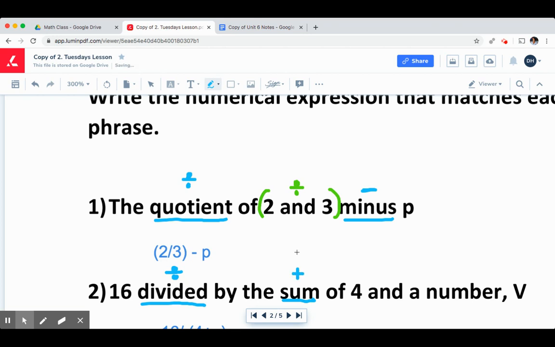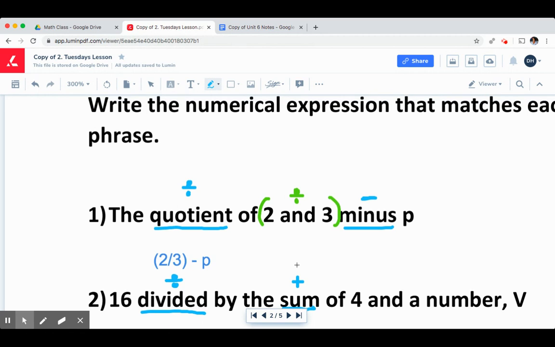So now I want you to think carefully, what is being divided and what is being added? So in our phrase, it says that 16 is being divided by something. So I know that my expression is going to consist of 16 divided by, but we don't know exactly what. Then it says the sum of 4 and a number v.